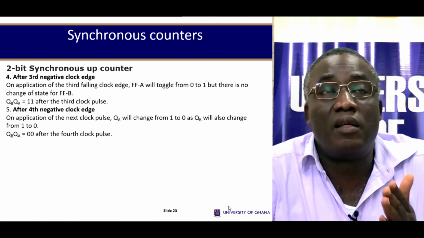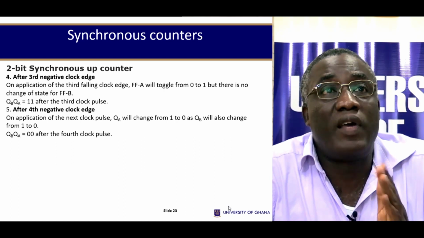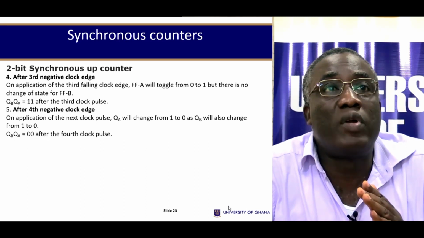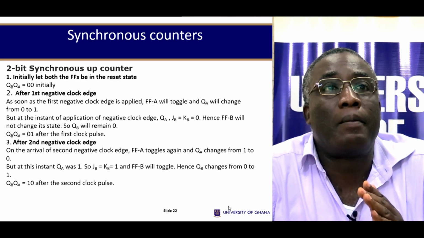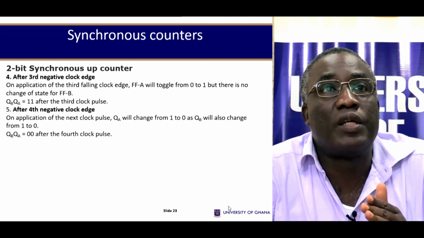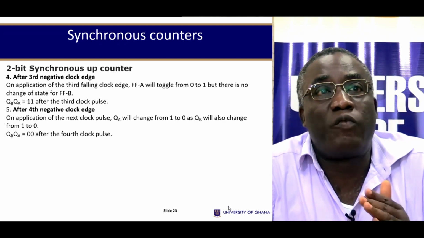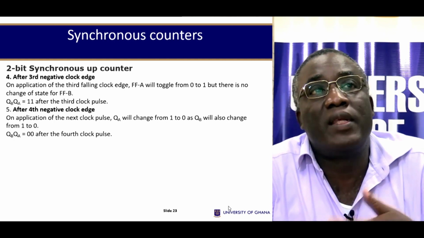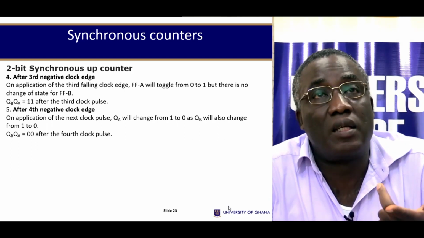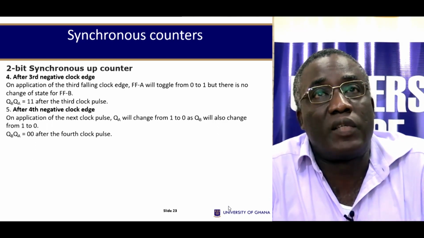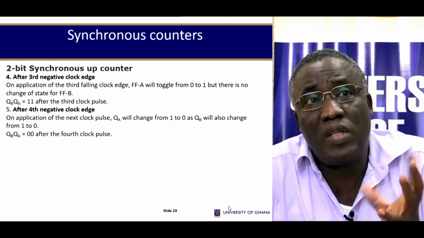At the third negative edge, QB will remain, and then QA will change. And then at the fourth one, they will both change to 0s. So you'd have again gone through the 4 states of the counter, the counting process.